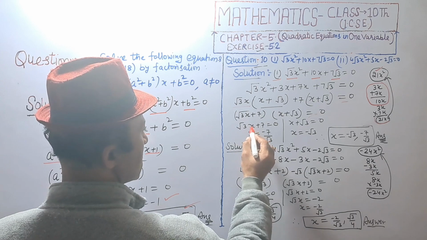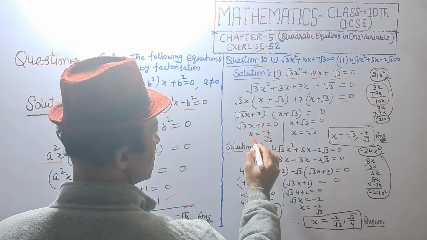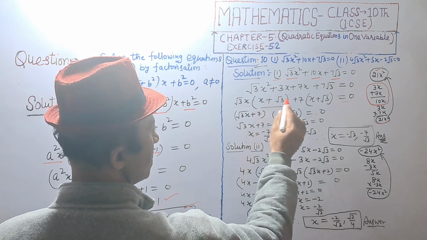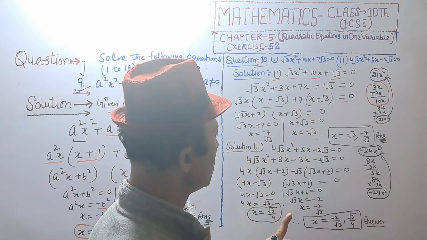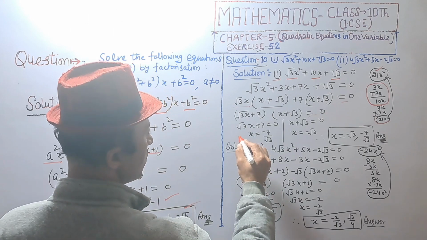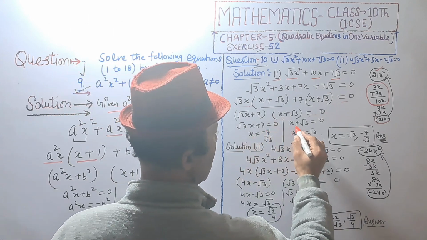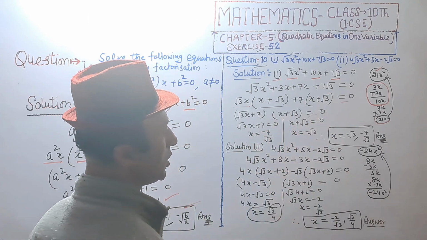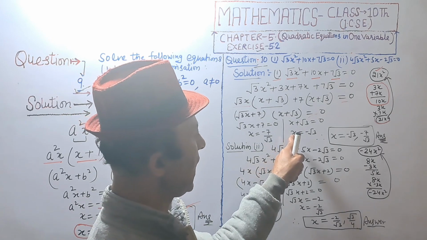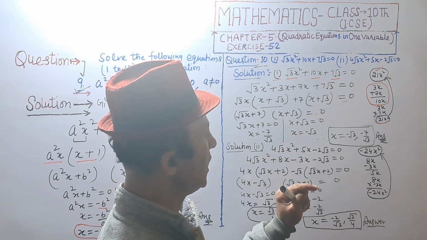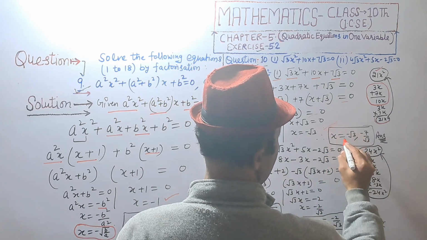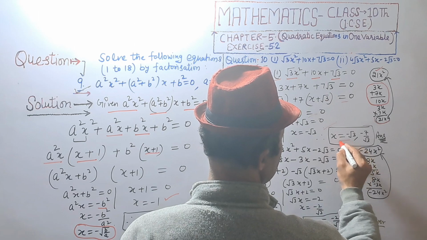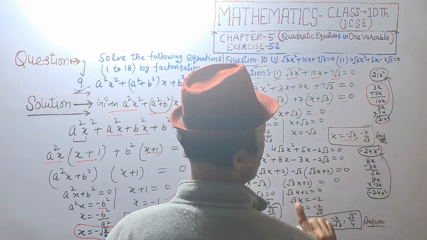Root 3x plus 7 equal to 0, x equal to, shifting to the right side, minus 7 will be negative, divided by root 3. x equal to minus 7 upon root 3, and x plus root 3 equal to 0, that is x equal to minus root 3. So the value of x we get is minus root 3 and minus 7 upon root 3.